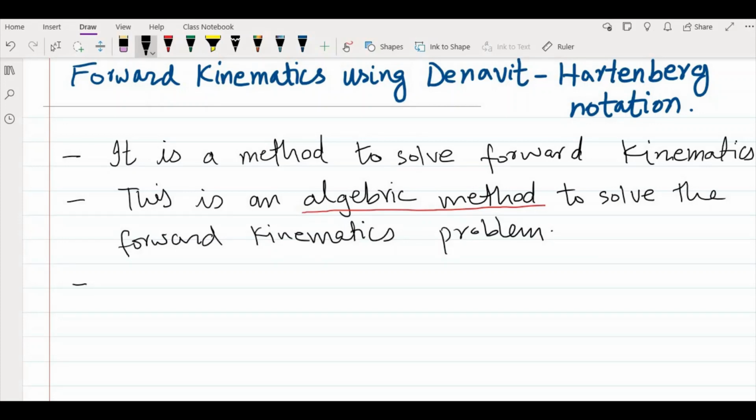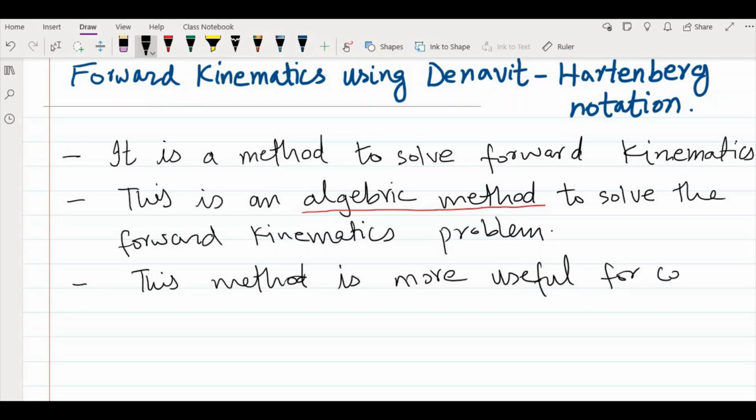This method is more useful for complex scenarios, like 3D, or you can say three-dimensional transformations.